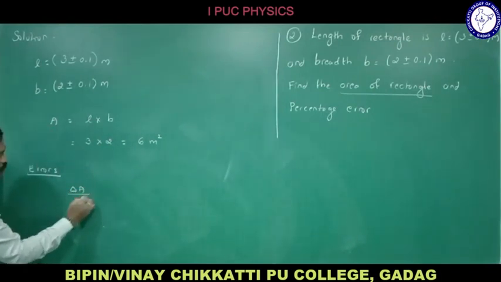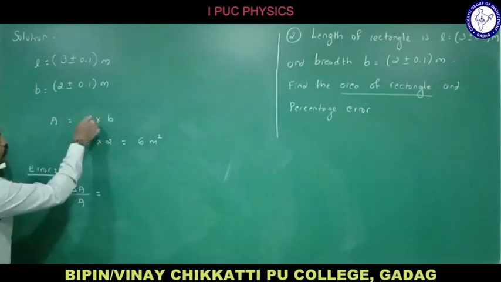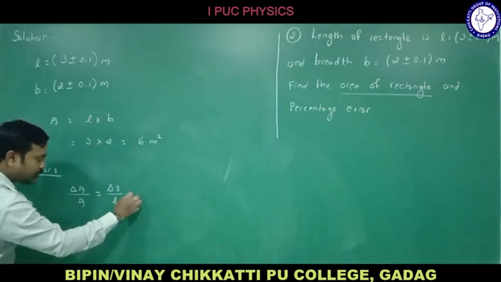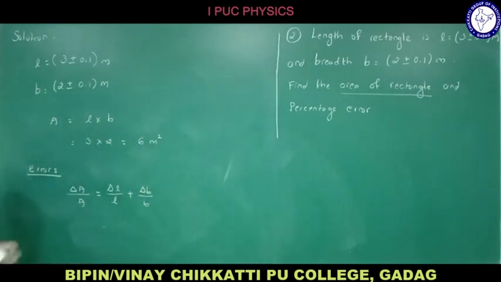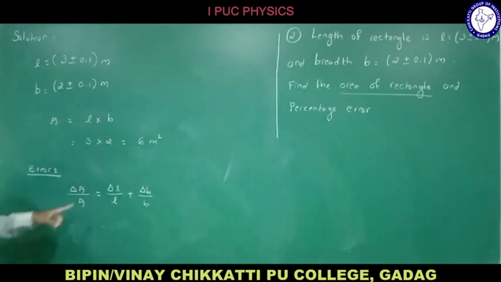Delta A divided by A. Right? We know how to calculate. Relative error is the ratio. Delta A by A, that is equal to the relative error of L, delta L by L, plus relative error in B, delta B divided by B. Why did I take relative error? Because it is multiplication. Whenever there is multiplication, we need to consider the relative error.